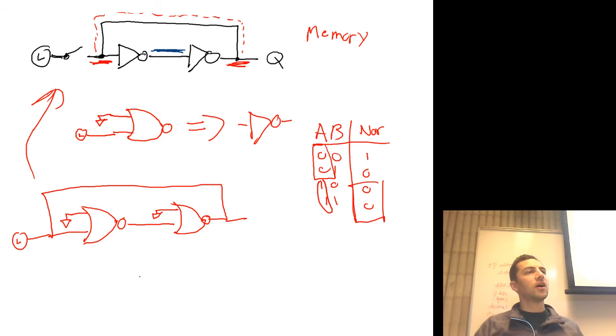Everybody remember so far? Okay, the only thing we did that makes this a little bit more interesting is we changed the orientation of these gates. We created a cross-coupled set of NOR gates. So instead of them following each other linearly left to right, they're above one another.